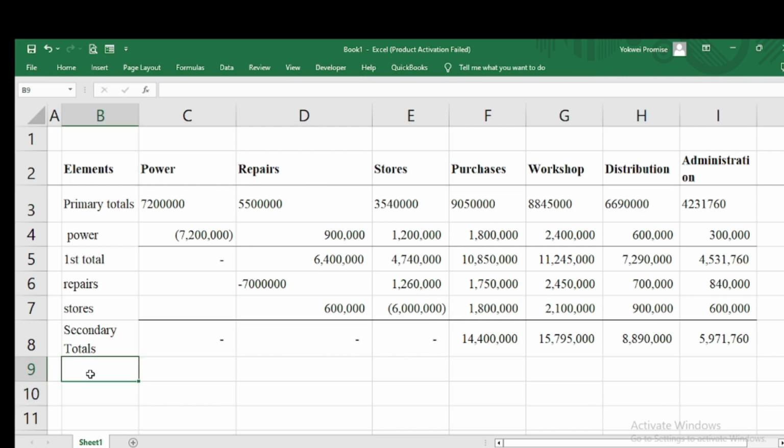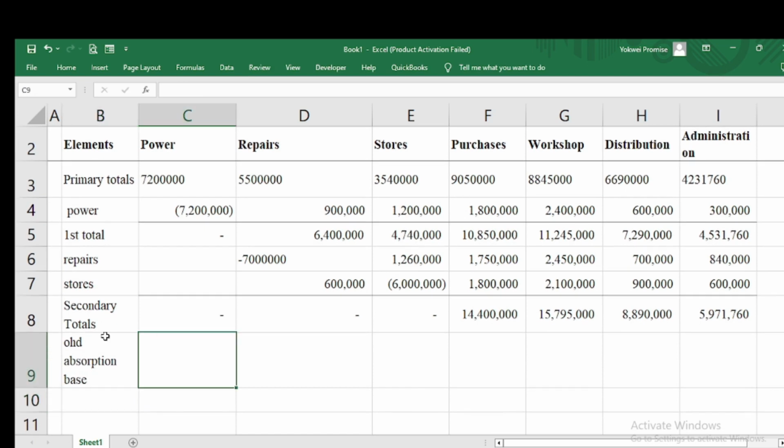Now let's take a look at the overhead absorption base. Here they say it is unit of purchase price. Ten kilograms.